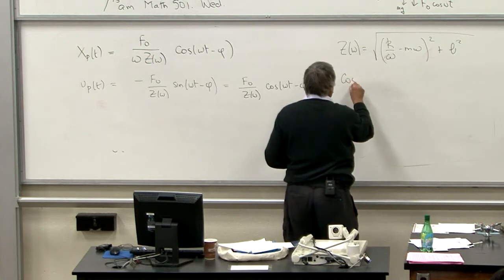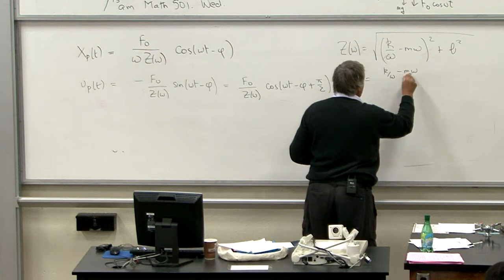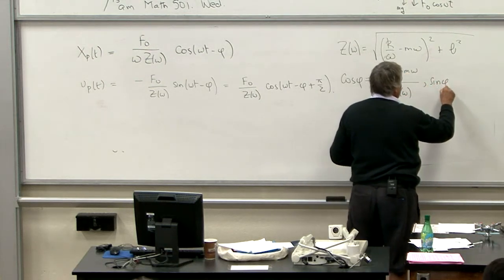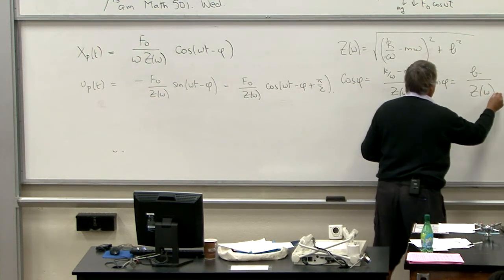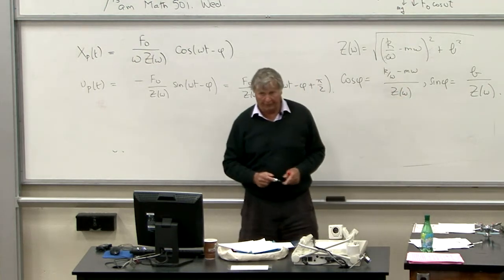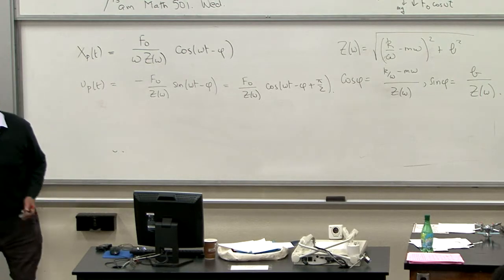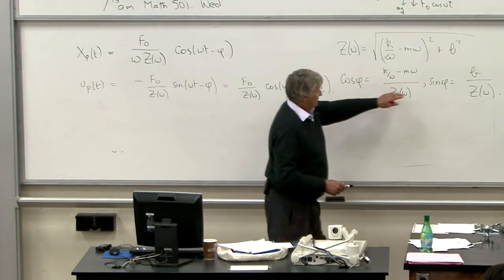The cos phi is (k over omega minus m omega) over Z(omega). The sine of phi is b over Z(omega). Notice that cos squared plus sine squared is 1. So there always is an angle phi between minus pi and pi, which satisfies this and this.